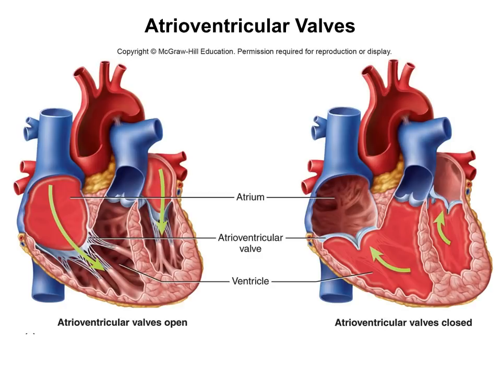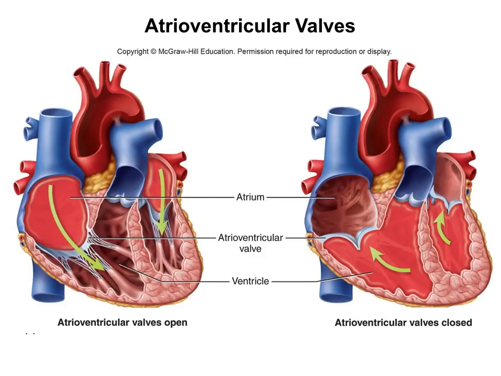All right, so now let's look a little bit more specifically about the atrioventricular valves and how they close and open. Now, I want you to imagine the image on the left-hand side of the screen. This image is showing you the point in time when your ventricles are completely relaxed. So there's no muscular contraction in the ventricles at all.